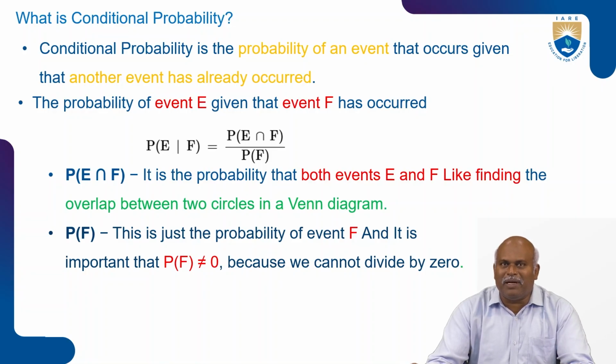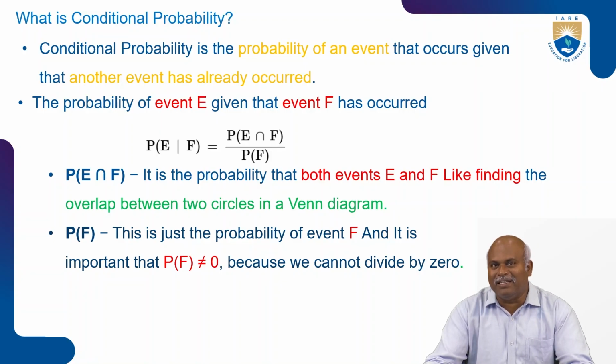The conditional probability is the probability that an event occurs given that another event has already occurred.